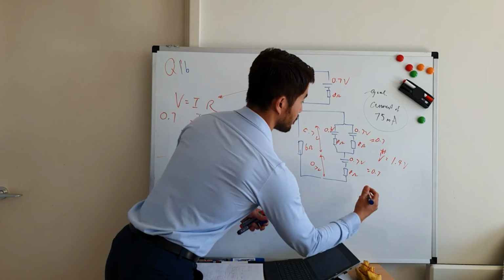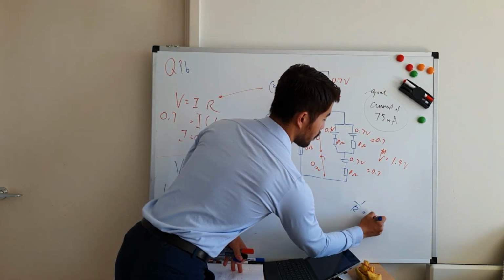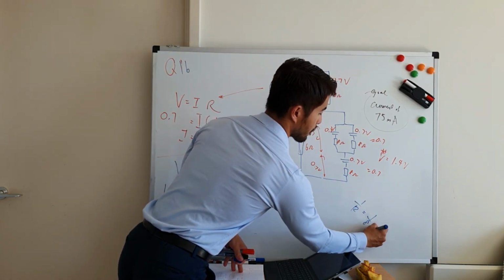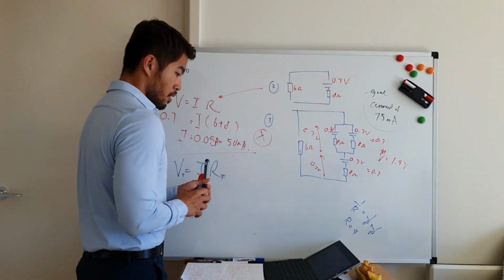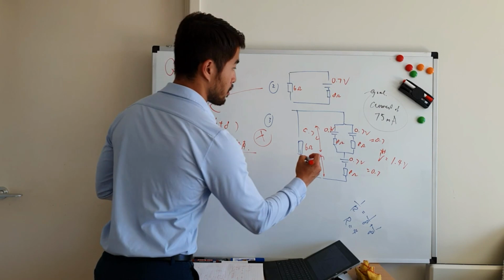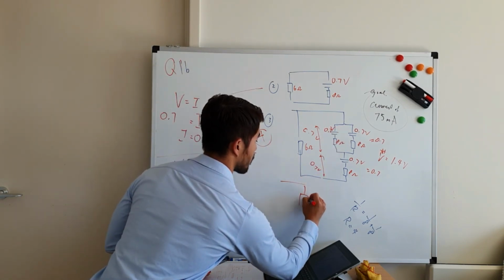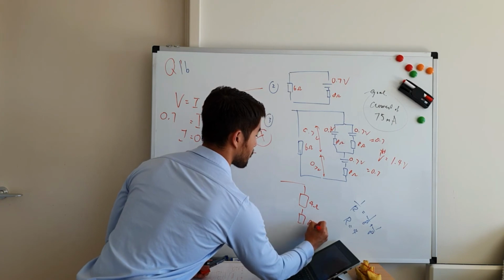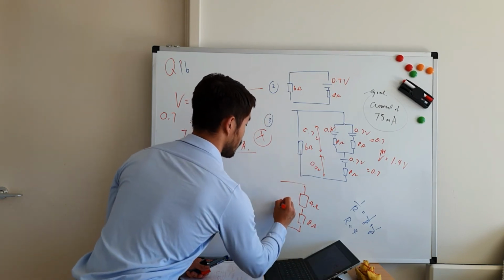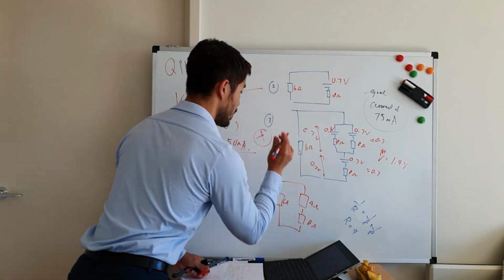Combine these two together: 1 over R equals 1 over 8 plus 1 over 8, and that R will be 4. So these two will look like this, 4 ohms, this is 8 ohms, and also there's the 6 ohms in here.